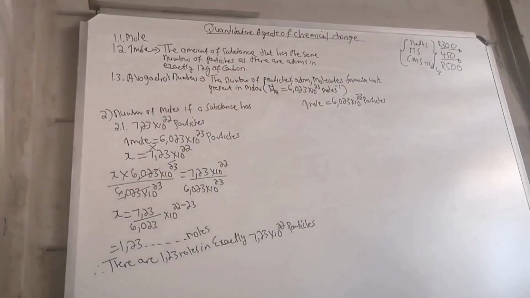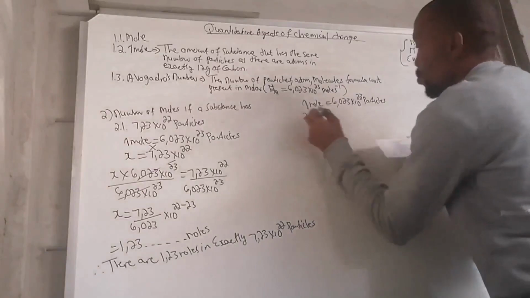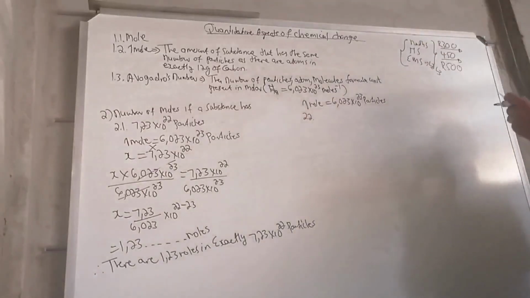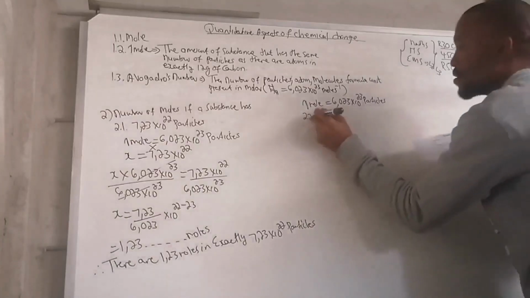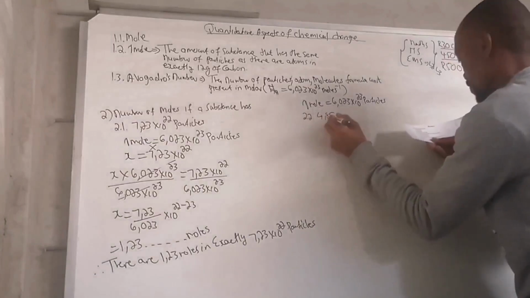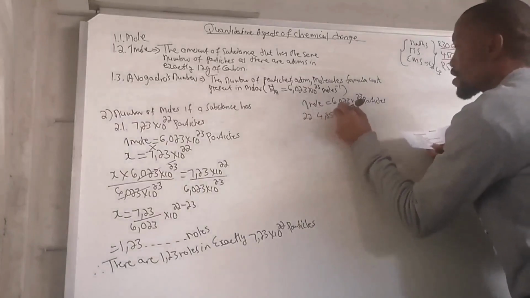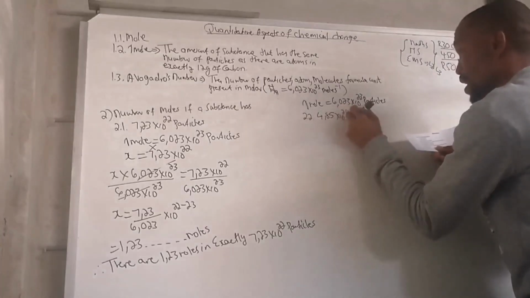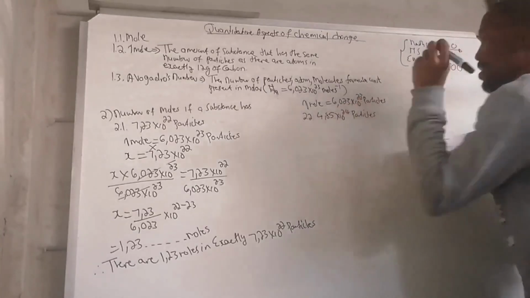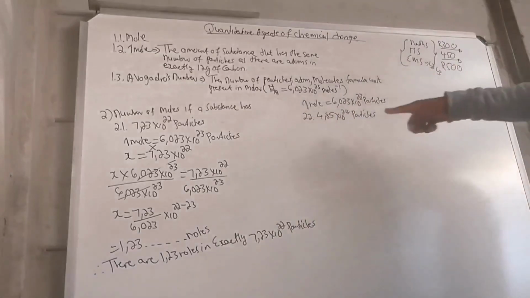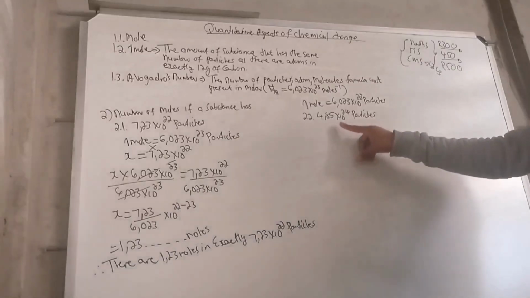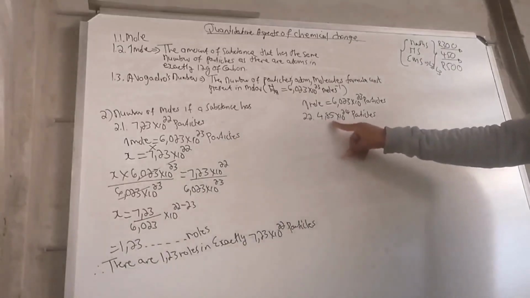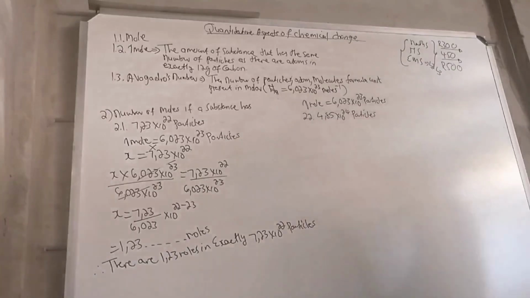Now to the second one. That was 2.1; here is 2.2. Calculate the number of moles if a substance has 4.85 times 10 exponent of 24 particles. Calculate how many moles there are in exactly 4.85 times 10 exponent of 24 particles.